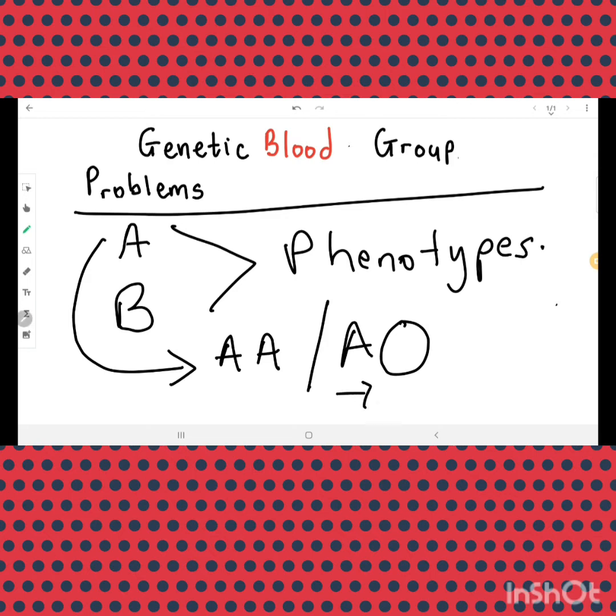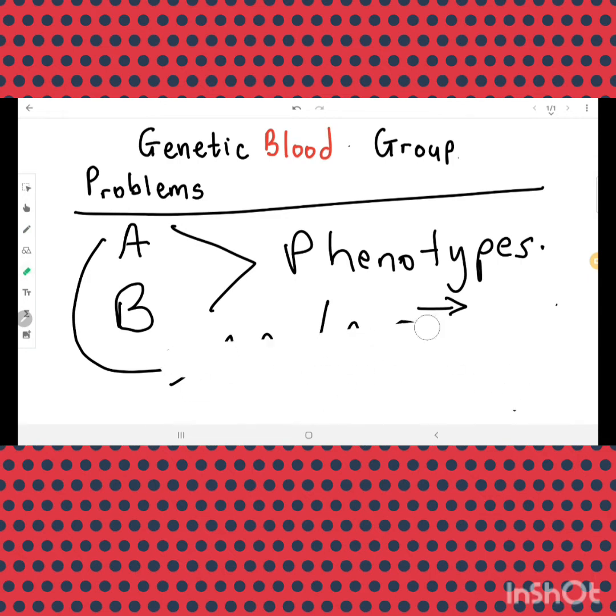This would be the genotype of an individual who belongs to blood group A. Why is it that when you have AO only A is expressed? That's because in genetics, A always shows dominance over O, meaning anywhere you have A and O, you would always have the phenotypic expression of only the A.